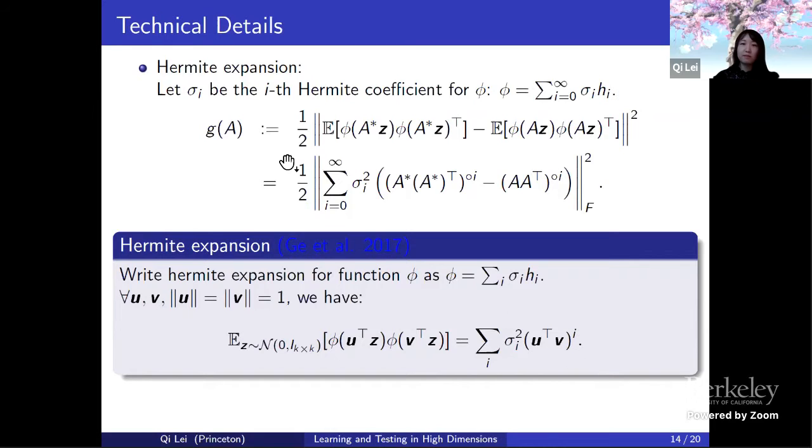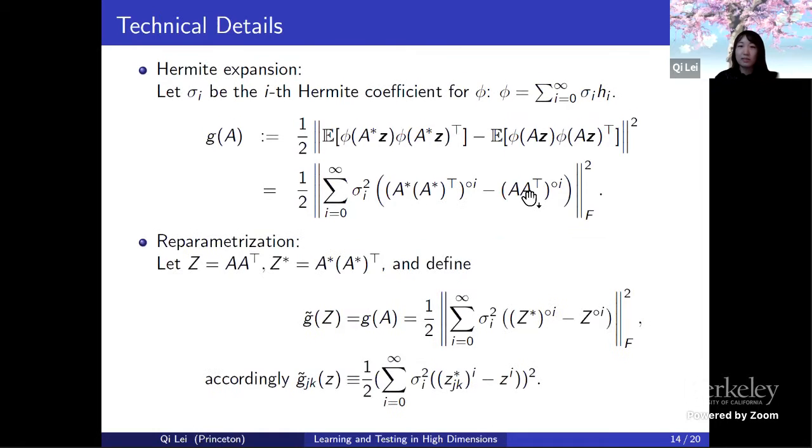Therefore, in the same way, we can write out G(A) in the following form. And from this form, we can see that there are some very good properties, because only A A transpose plays a role here.